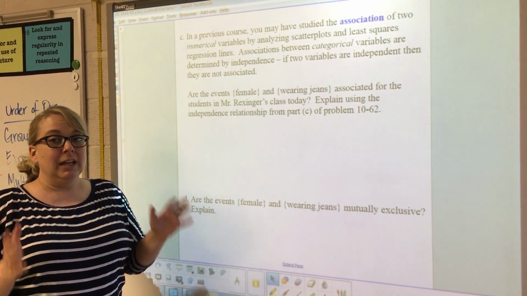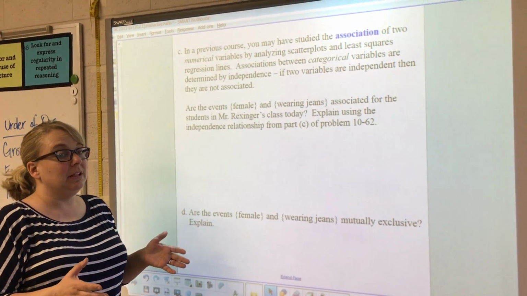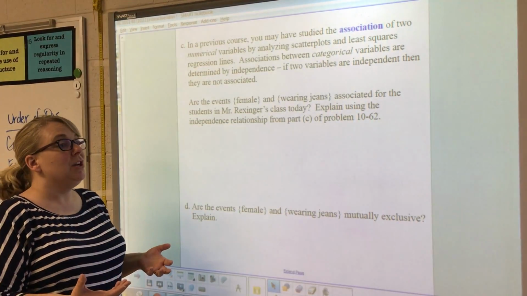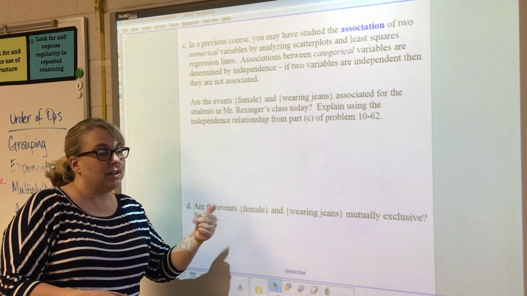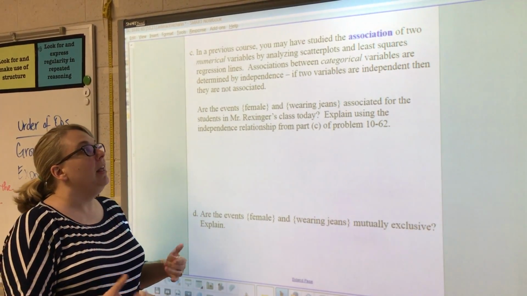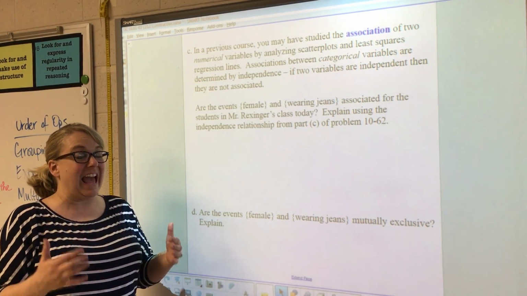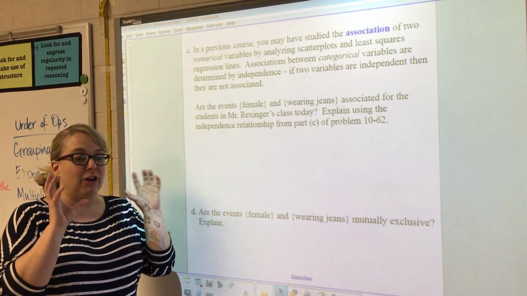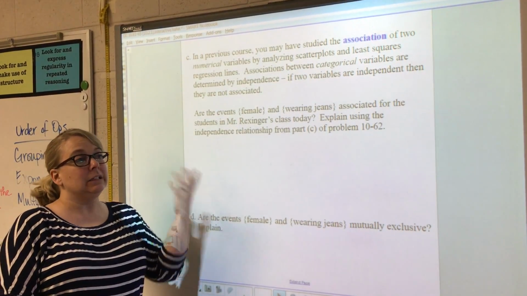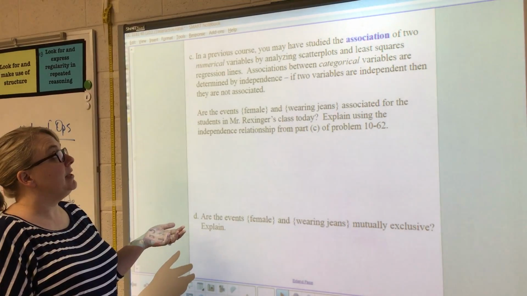So, in algebra, when we study probability, we're studying numerical variables. So you've got hours of study time versus percent on a test. So they're things that are numerical. This chapter, we're going to be studying categorical variables. So they can fall into categories like wearing jeans or not wearing jeans, or living on campus, not living on campus.